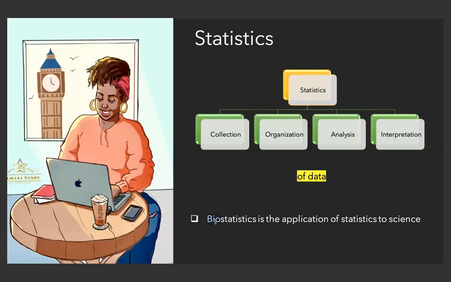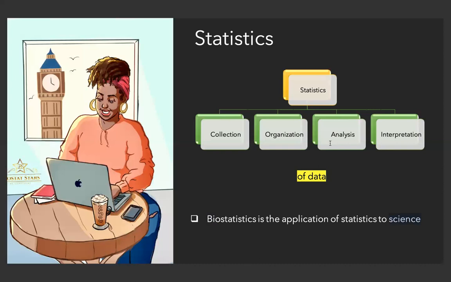So biostatistics is basically applying all these concepts of statistics to the field of scientific research or to the field of medical research. Once you've understood what statistics is in general, biostatistics is just the application of the concept of statistics to scientific research or to medical research.